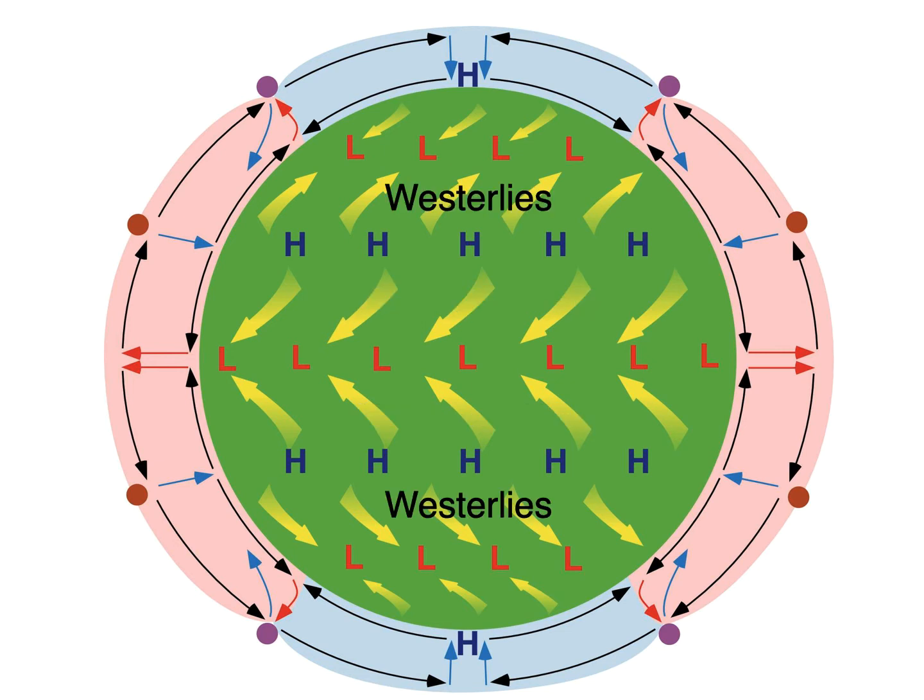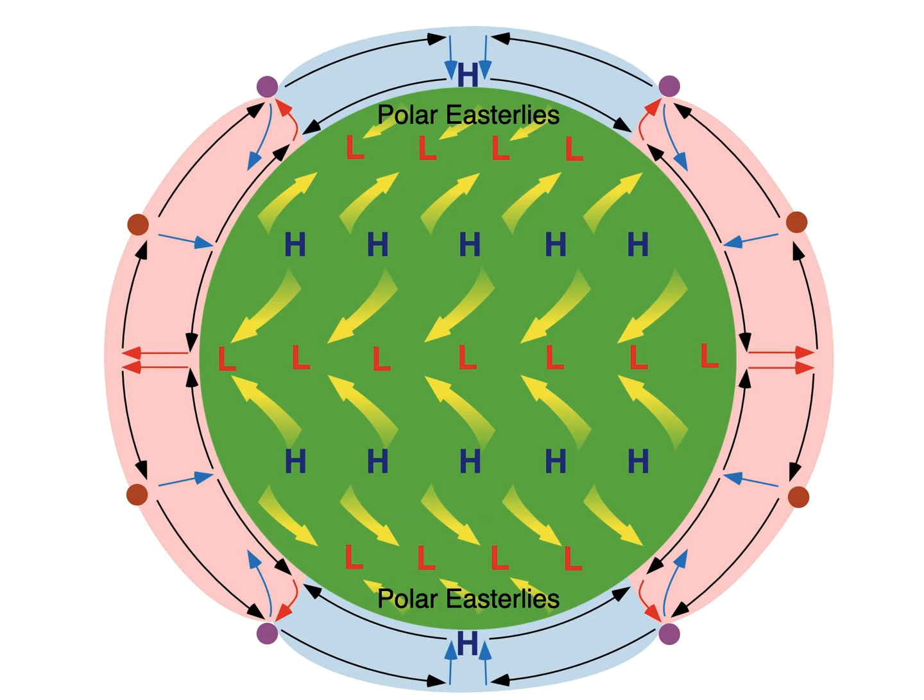The winds generated by the subtropical highs moving poleward are called the westerlies, and they have the same name both in the northern and southern hemisphere. And that air collides with air descending from the two poles, and those winds that collide with the westerlies are called the polar easterlies.